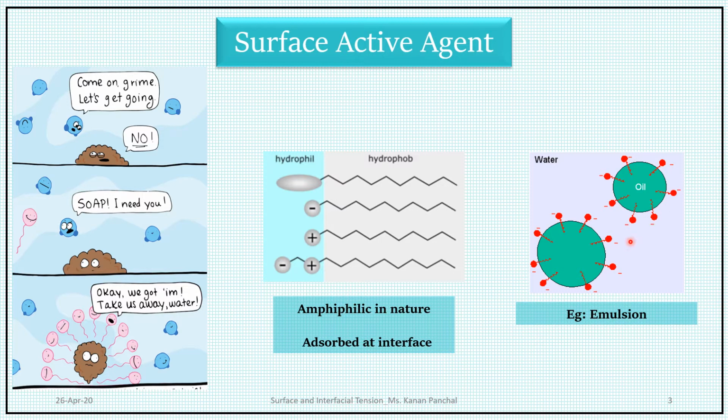Also here you can see they are anionic, that is having negative charge. And because of this negative charge on the surface, this creates repulsion amongst the oil globules and hence prevents the coalescence of the oil globules and helps in the proper stability and suspension of the oil and water emulsion.